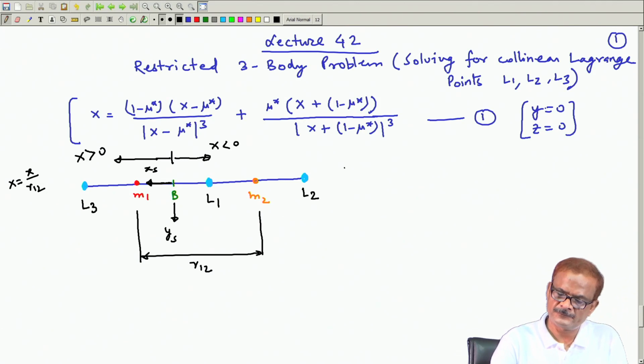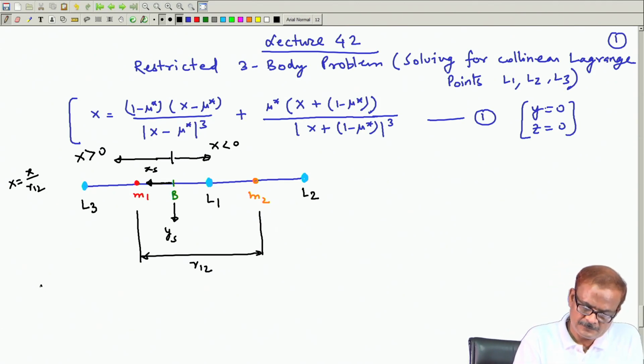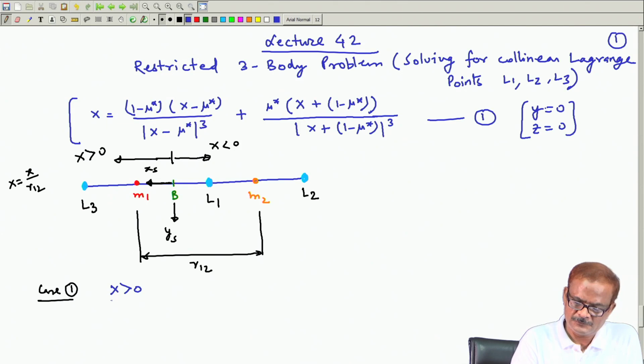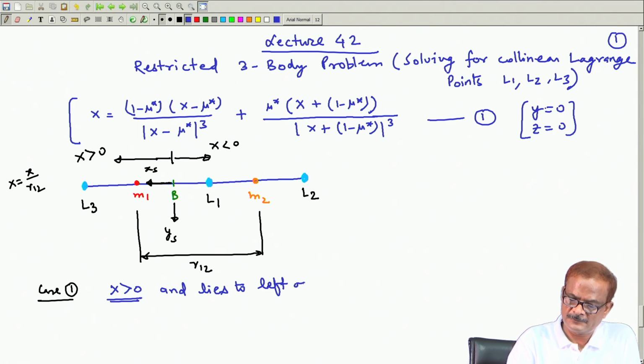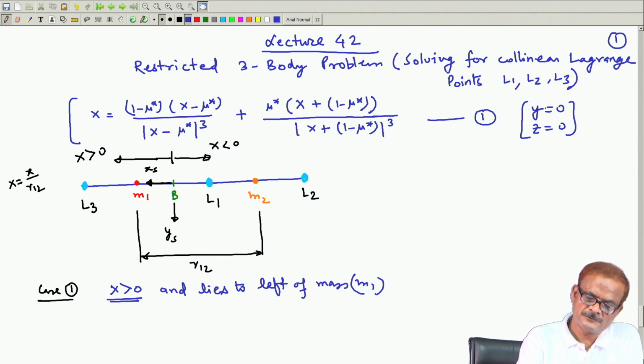So, we consider the first case here, case 1. X is greater than 0 and lies to the left of mass m 1, which is shown here.